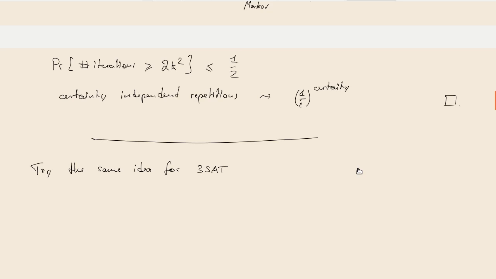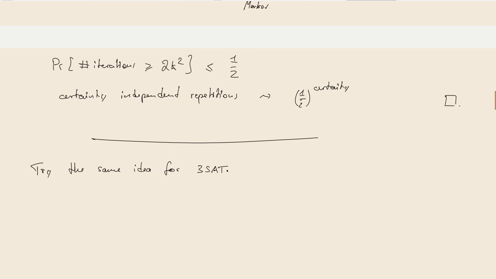But exponential is not exponential. It might be something with a good small base, like in the FPT world. And so it's interesting and not totally clear upfront what the result might be in this case. To make the story short, the very same idea goes through, you can just pick one of the clauses that's currently not satisfied, choose one of the 3 literals uniformly at random, and flip it.